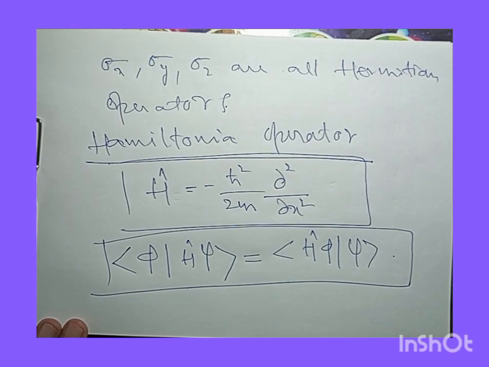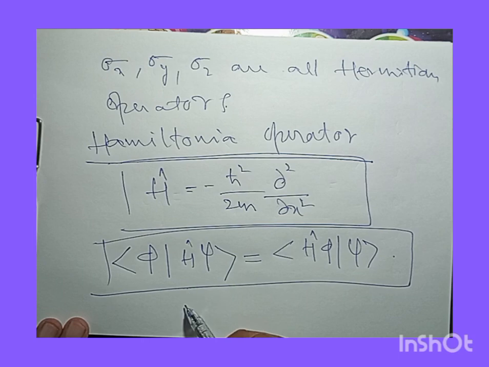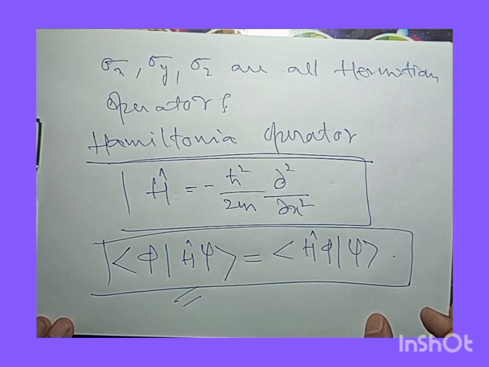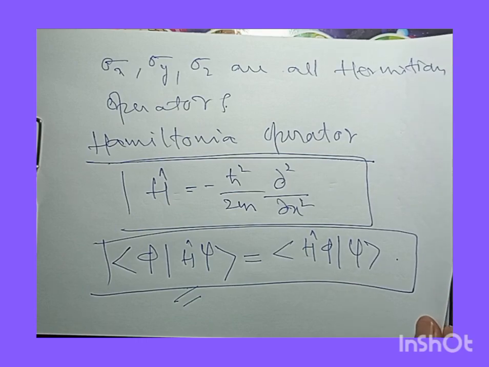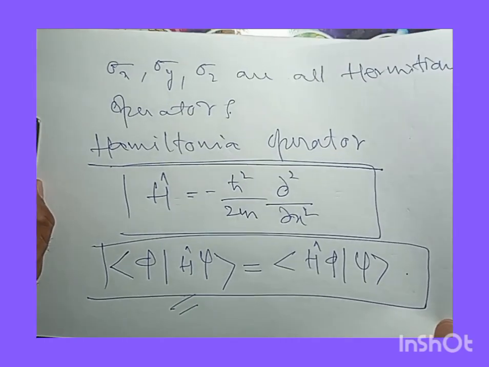The same thing we have to do here for the Hamiltonian operator, where we are actually taking the dagger of this operator. We will first calculate this, and then we'll calculate that, and when the results are the same, we will be able to say that the Hamiltonian is a Hermitian operator. So we'll take the left hand side first.